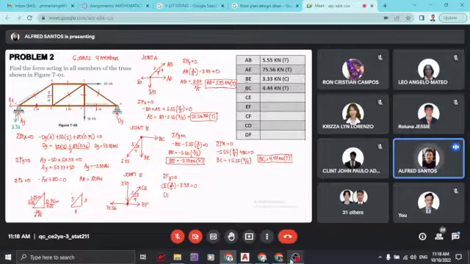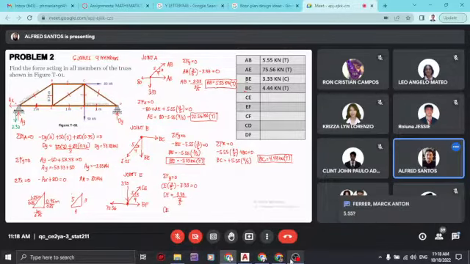So what's your CE? It is 3.33 over 3 divided by 5. So what's your CE? It is 5.55 positive. So meaning, it is a tension member. Okay, so wala pang sagot to, nasa kabilang slide, so dito ko na lang lagay.